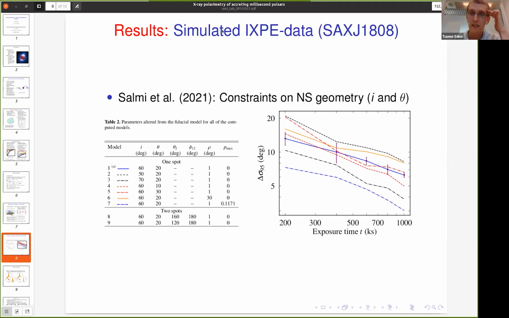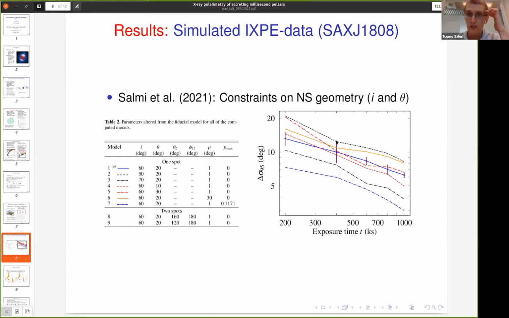So we can see here in this figure on the right that the average uncertainty in i and theta, the 95% credible interval, improves as a function of exposure time, but it depends a lot on which parameters you assume to be the true parameters of your model. So of course, if the setup is different, your polarization degree might be higher or lower, and therefore you might end up with much tighter or much less tight constraints.